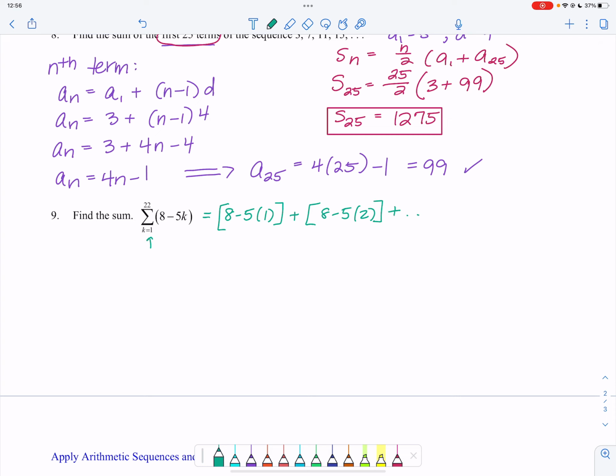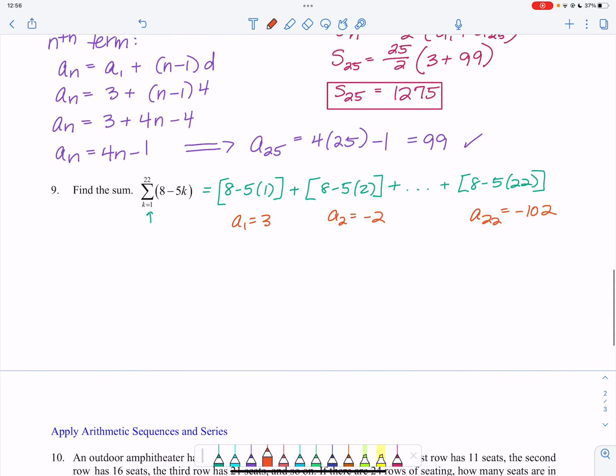And so forth all the way until we get to 8 minus 5 times 22. So as you can see here, a sub 1 is 3. A sub 2 is a negative 2. And then we have a sub 22 is a negative 102. So that's 110 minus 8, a negative 110 plus 8.